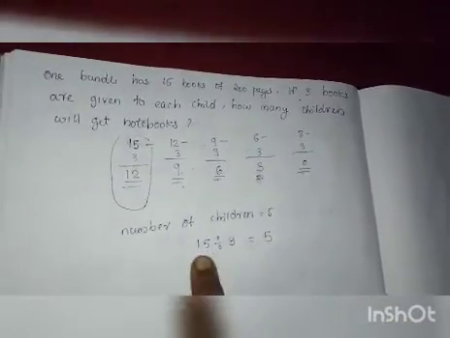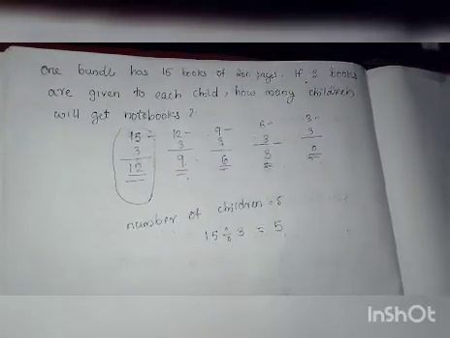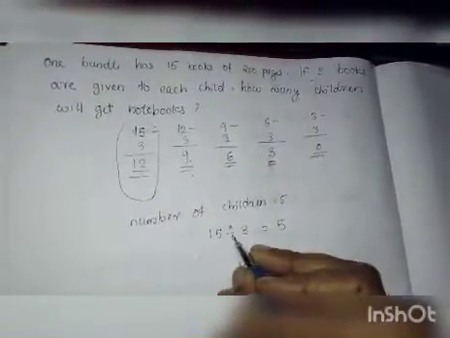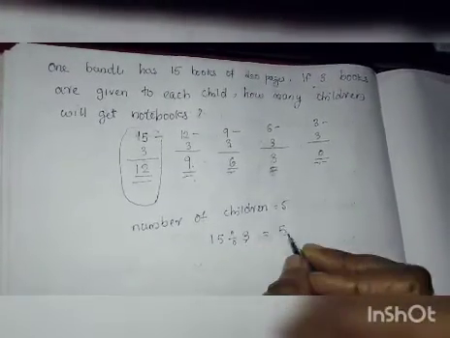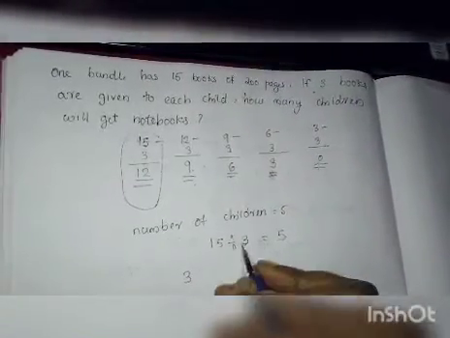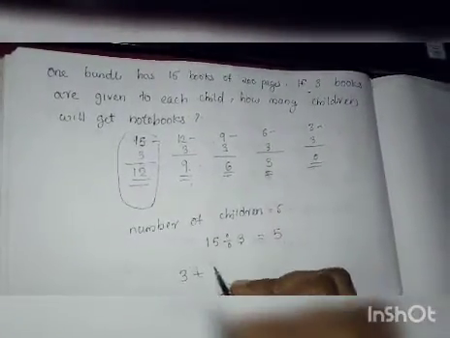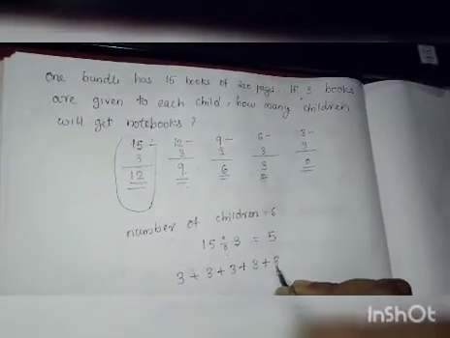Okay, how can we divide 15 by 3? 15 divided by 3, which gives 5 as the result, means we are adding 3 five times. 3 plus 3 plus 3 plus 3 plus 3.